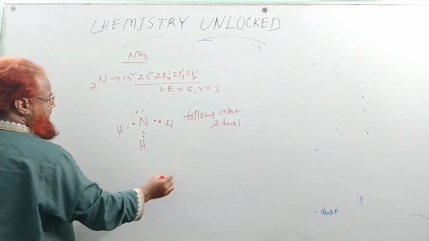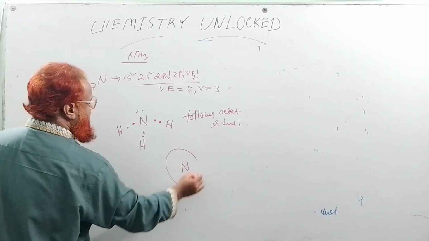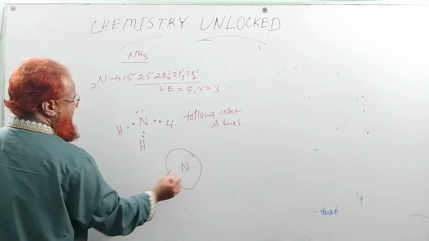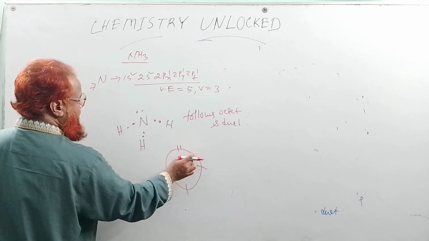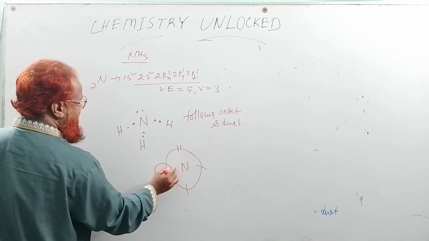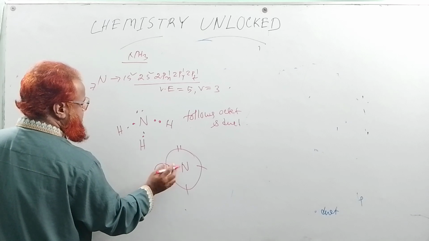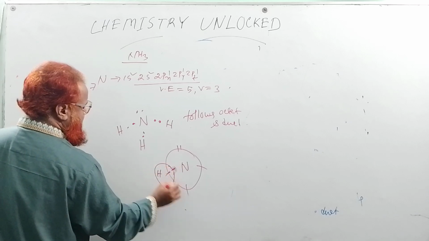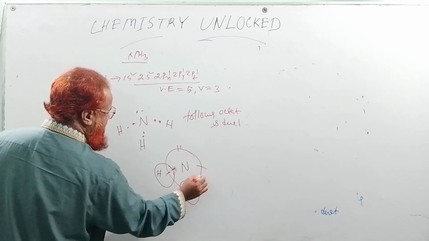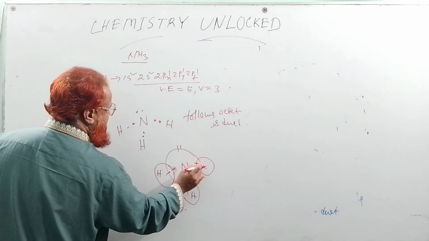Now if you draw the orbit diagram like this, in the last orbit 1, 2, 3, this unpaired becomes paired, this unpaired becomes paired with hydrogen, and with what? Hydrogen, like this.